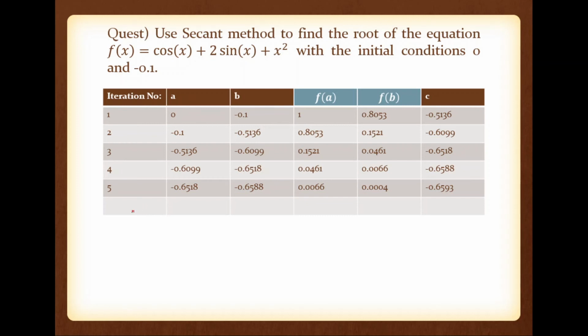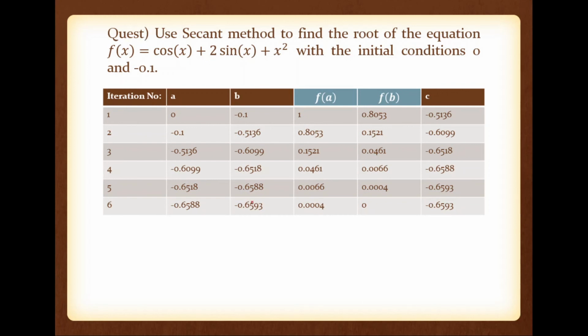So now we can start the sixth iteration. For the sixth iteration, this is minus 0.6588. The previous B is A. Now B is minus 0.6593. Previous C is new B, minus 0.6593. So f of A is 0.0004.